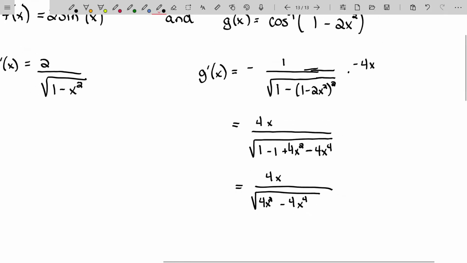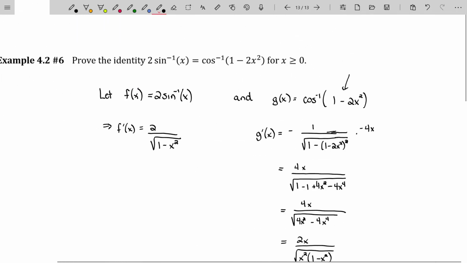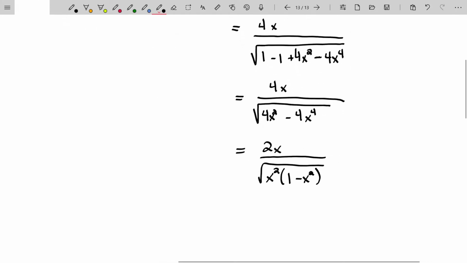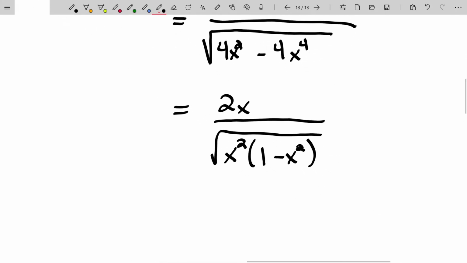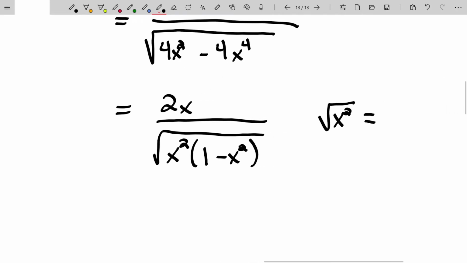And here's where the condition comes in. I'm going to factor 4 out and take the square root, so we get 2x over the square root of x squared times the quantity 1 minus x squared. I'm going to leave it like that for a moment. This is where the condition that x has to be greater than or equal to 0 comes into play. Obviously, it can't equal 0, but it can be greater than or equal to 0. So the square root of x squared normally is the absolute value of x.